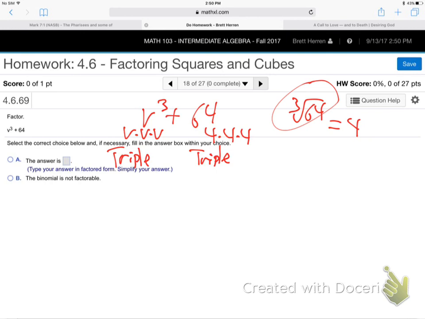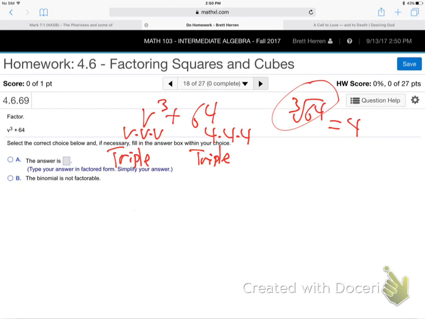All right, triple. So v, v, v, 4, 4, 4. So what do we do with it? So we've been doing a bunch of doubles, right? It's a factoring like pattern, really, but it's a triple, not a double, right? It's bigger. So now remember what I said about the signs, with a double, only the minus works, plus can't be done.